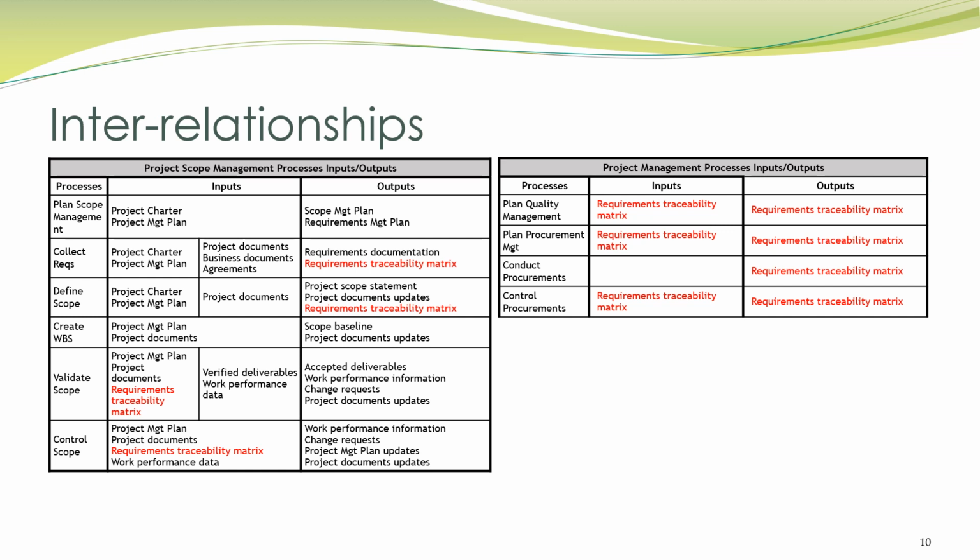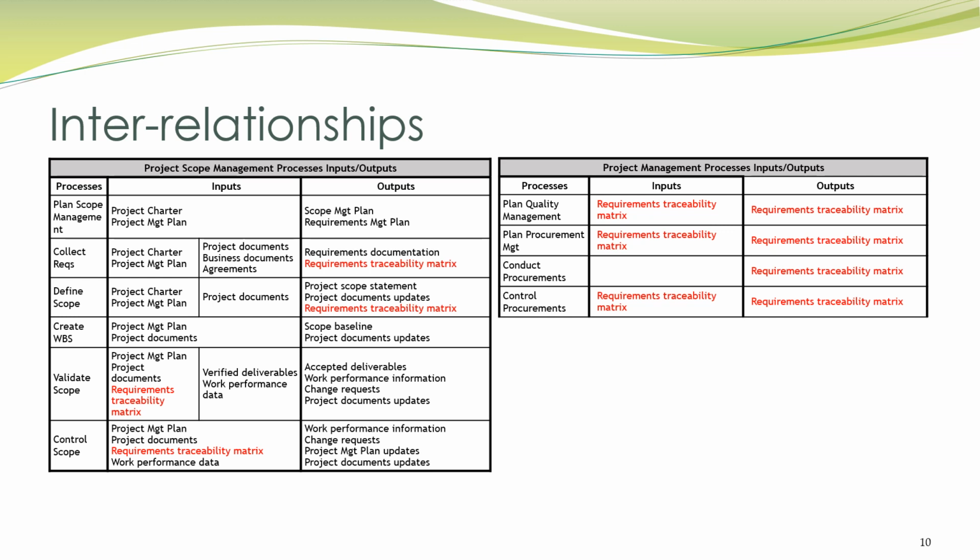So by looking at the scope management plan, the requirements management plan, requirements documentation, and the requirements traceability matrix, you can see how the outputs of the scope management knowledge area have a deep impact on many of the project processes.